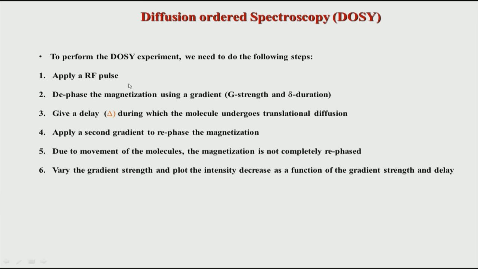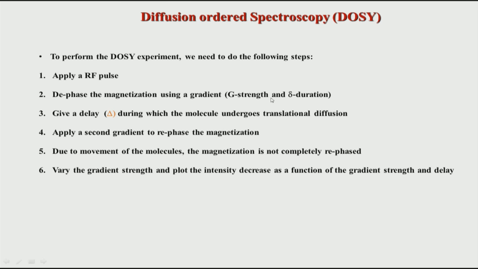So, this is the flow chart. This is typically what is done in DOSY. We first apply an RF pulse, then we dephase the magnetization by using a gradient, and when we apply this gradient, we have to specify how it is measured. Gradient is measured by 2 parameters.